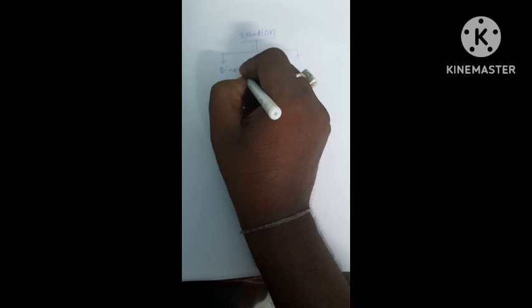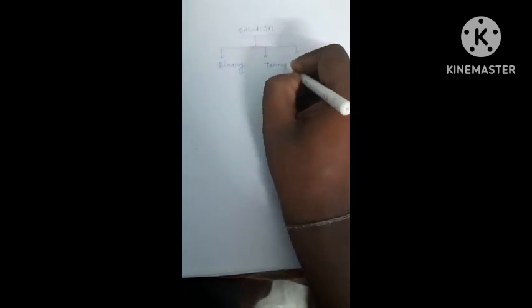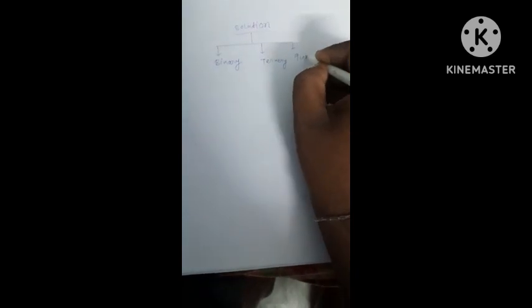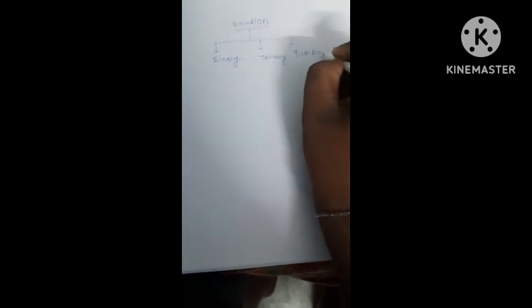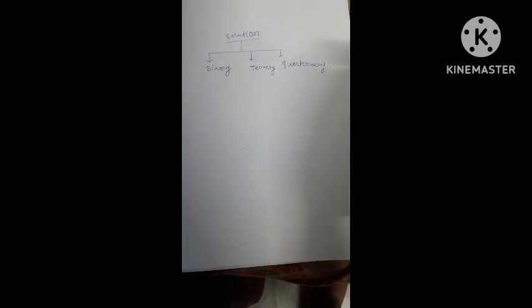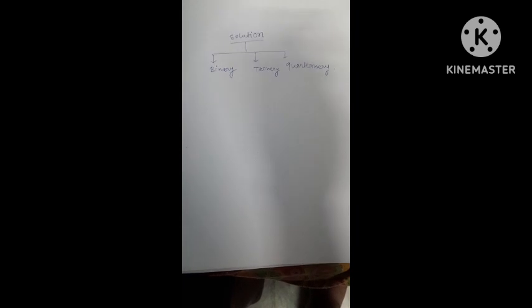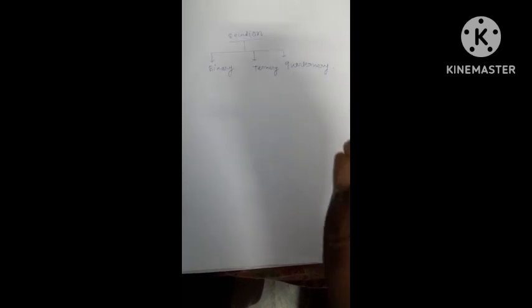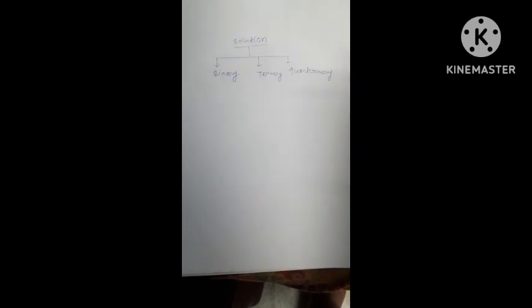Now, depending on the number of components present in the solution, it can be classified into different categories, just like binary solution, ternary solution, quaternary solution, etc. So from the term binary, we can say that this is the solution which is made up of two components.